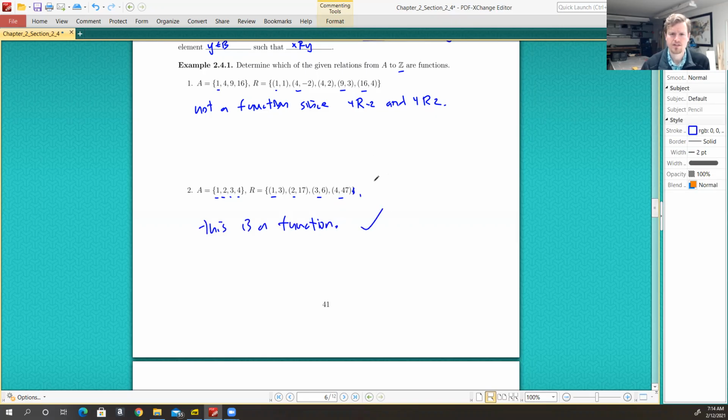Fantastic. Just out of curiosity, if this had 217 in here, then we would have 2 appearing twice. However, we would have 2 still paired with 17. So it's still exactly one thing that 2 is paired with.